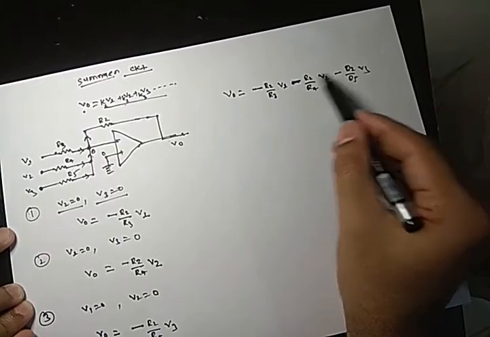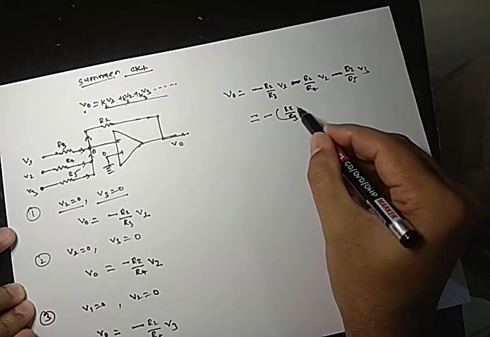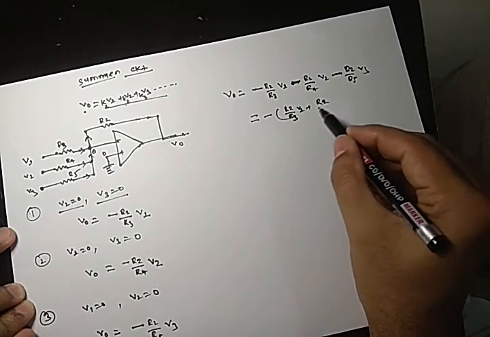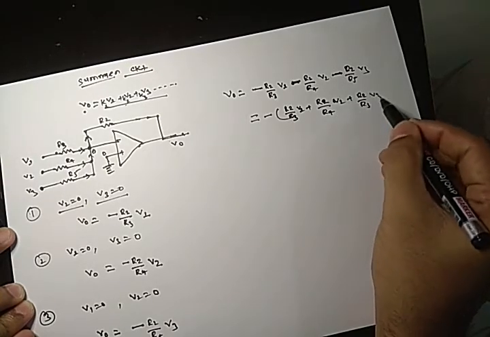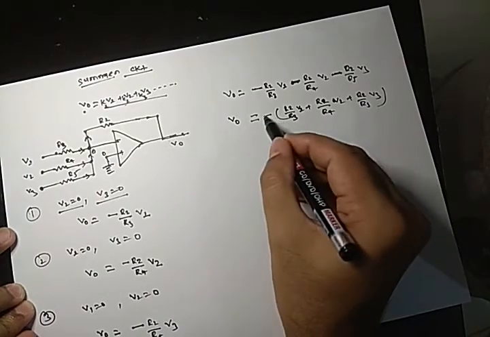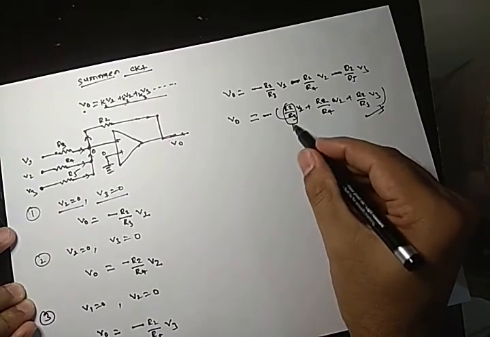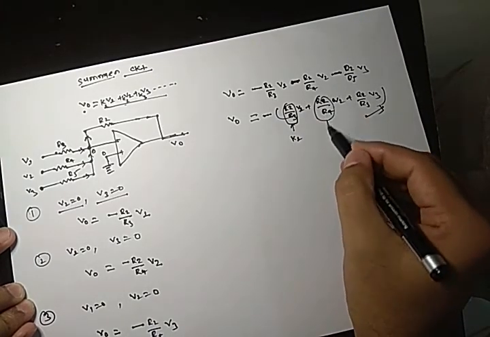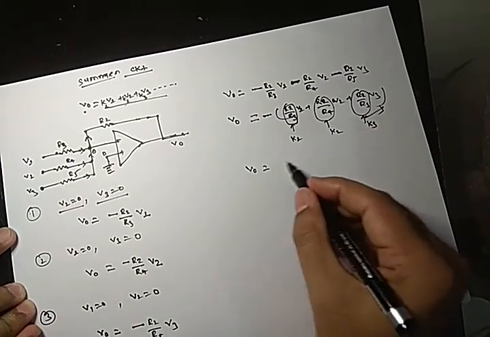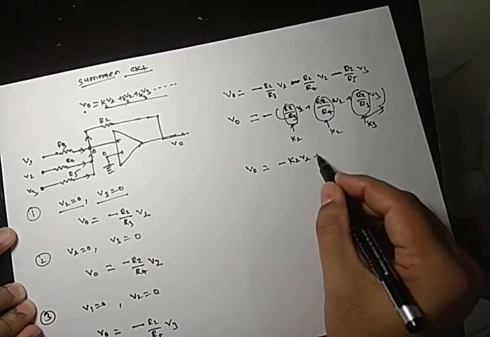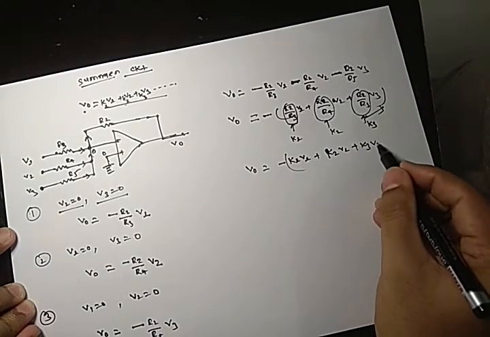Now we have at least added, but in the negative sense. If we take the negative common, we get R2 by R3 V1 plus R2 by R4 V2 plus R2 by R5 V3. Now we got V0 as negative into the sum of all the voltages. If we take these as K1, K2, K3, then V0 is minus K1 V1 plus K2 V2 plus K3 V3.